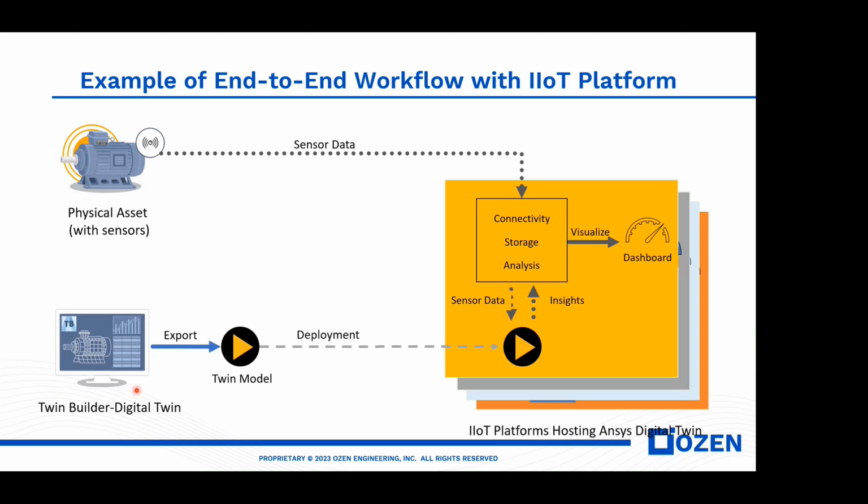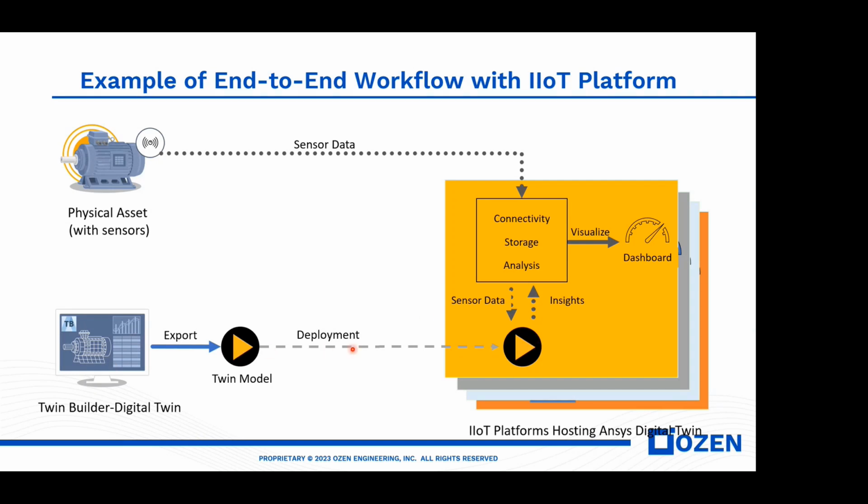It can be mechanical, fluids, or electronics, or it can be a coupled system, so an FSI problem. All the data from the different simulation cases are imported into Twin Builder. The Twin Builder then exports the twin model, which is deployed in the cloud.